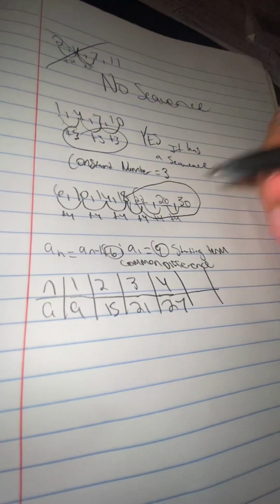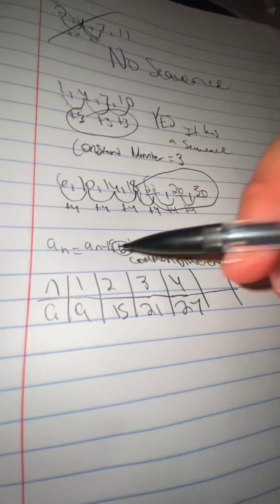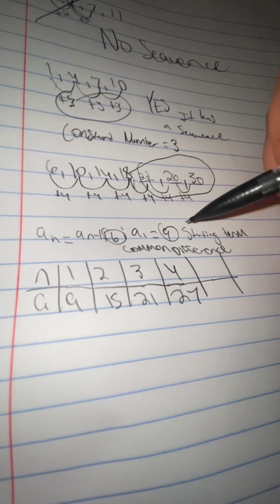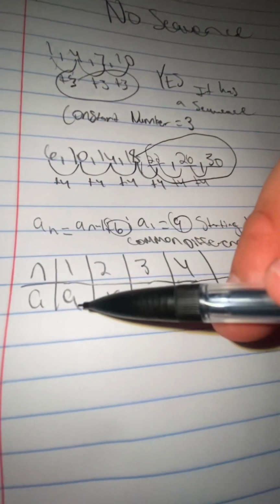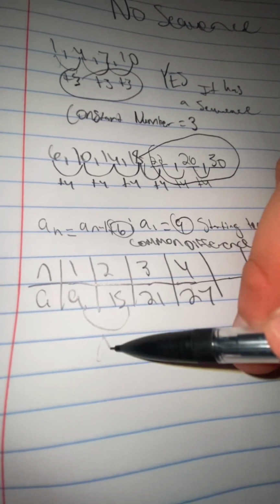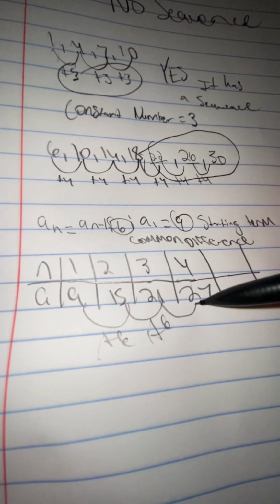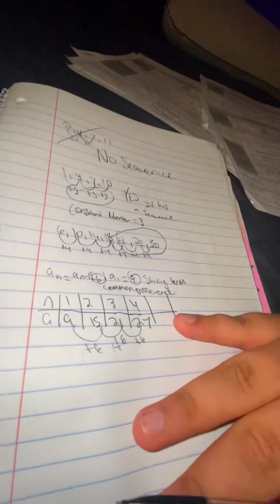So, common difference, starting term. This is a positive 6, so we add 6 to 9 4 times. So, plus 6, plus 6, plus 6. So, it all works out perfectly.